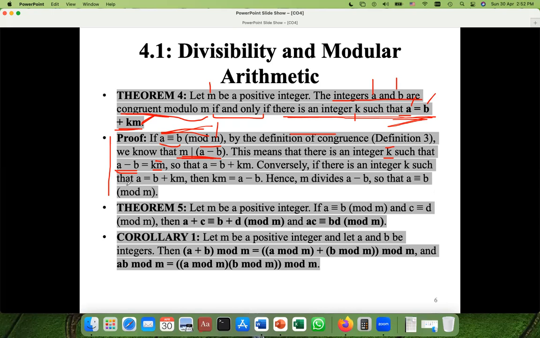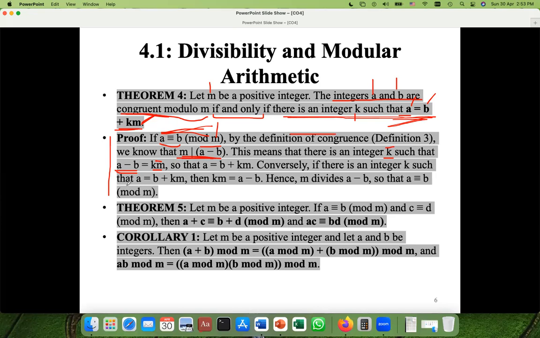If I say that k is a quotient, then you will get some value here and then you will have some remainder. a minus b means some number, maybe 200. So if that is k, then I can say that a minus b is equal to the product of m and k.